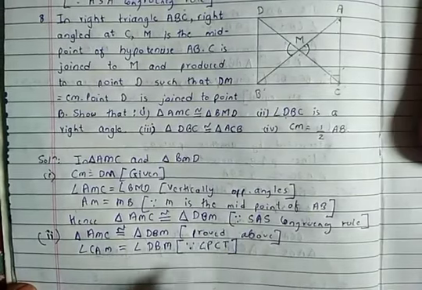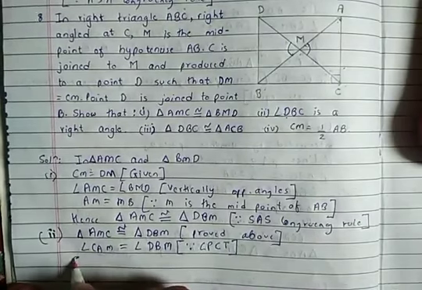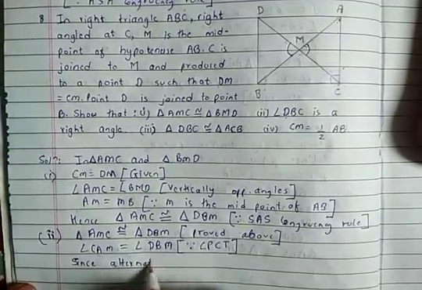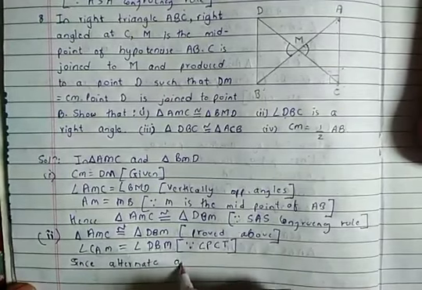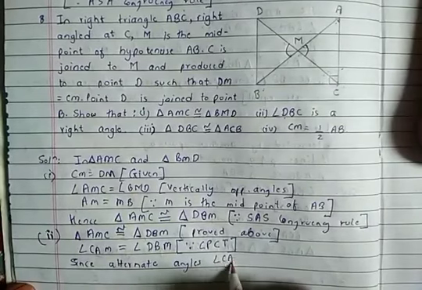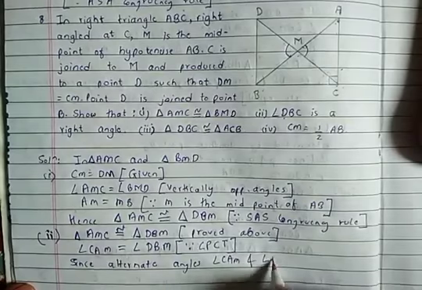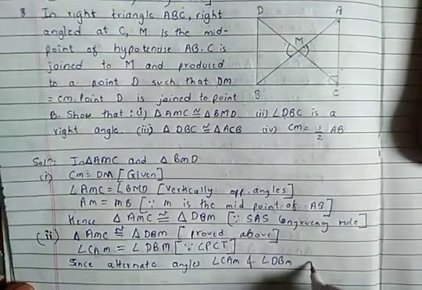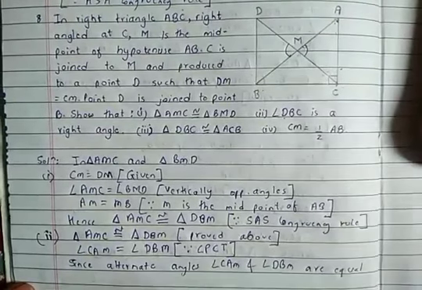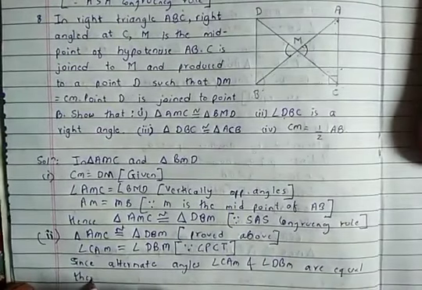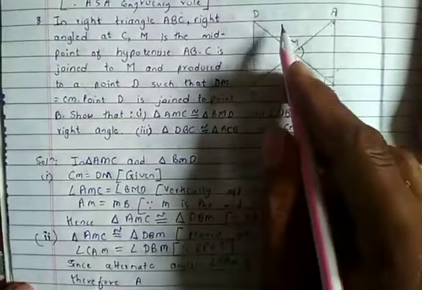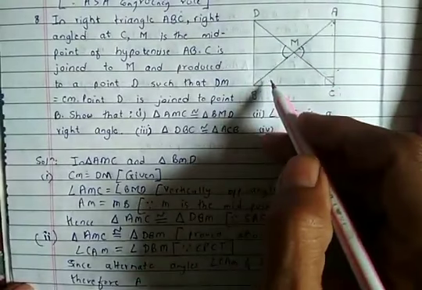Okay. Now, since alternate angles, angle CAM and angle DBM are equal, therefore you can say that AC is parallel to BD, right?